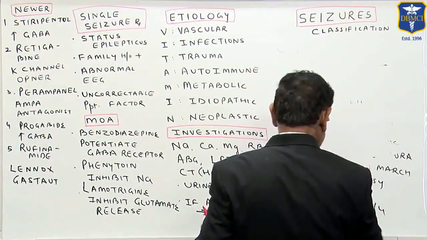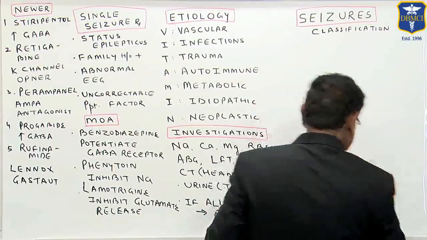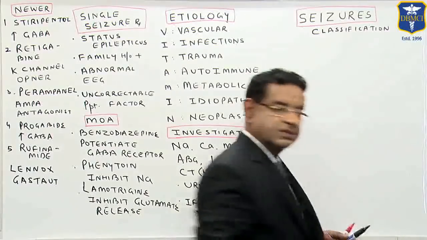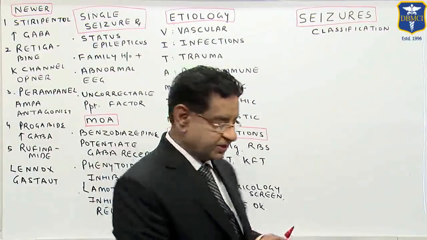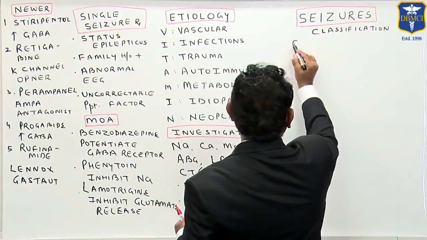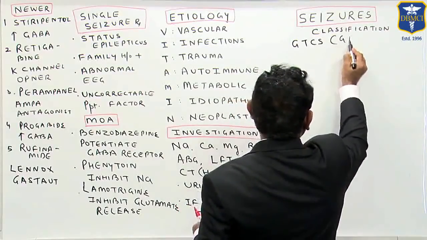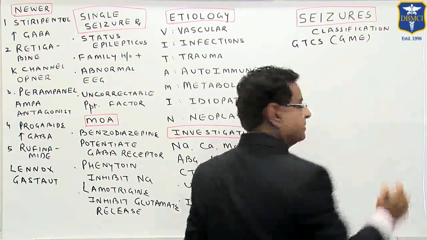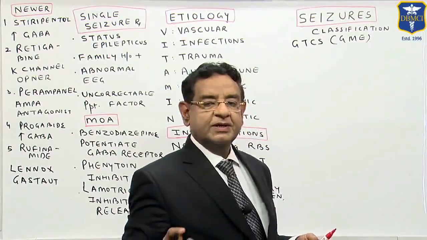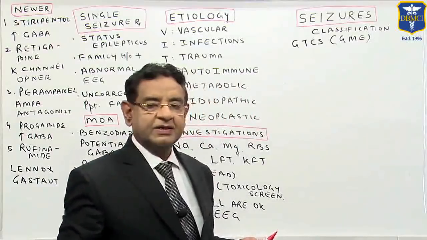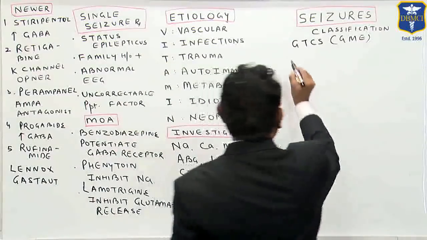Grand mal epilepsy, also known as generalized tonic clonic seizure. The features are: it is of sudden onset.